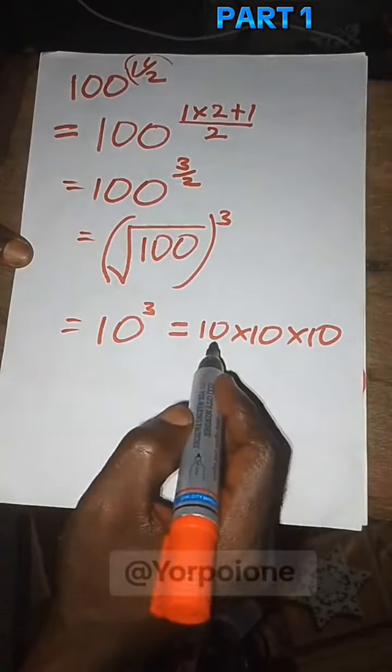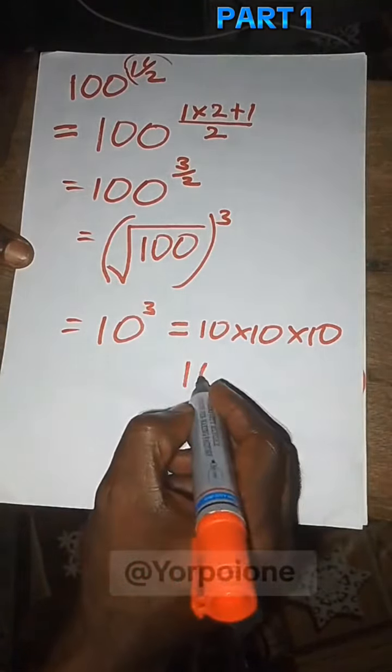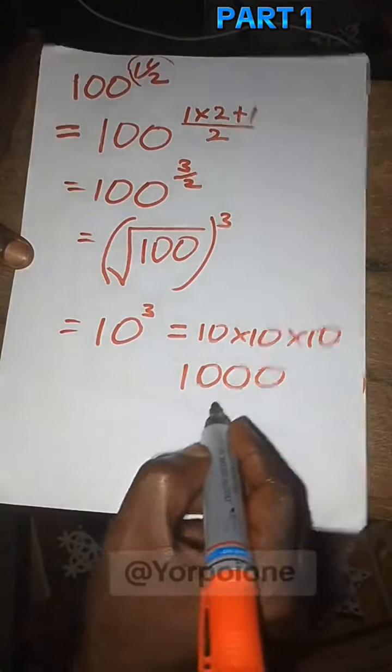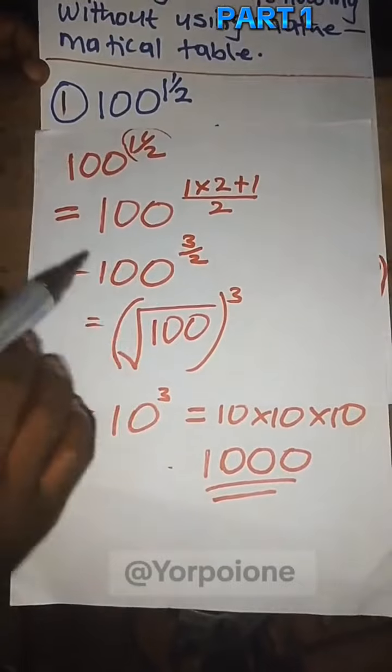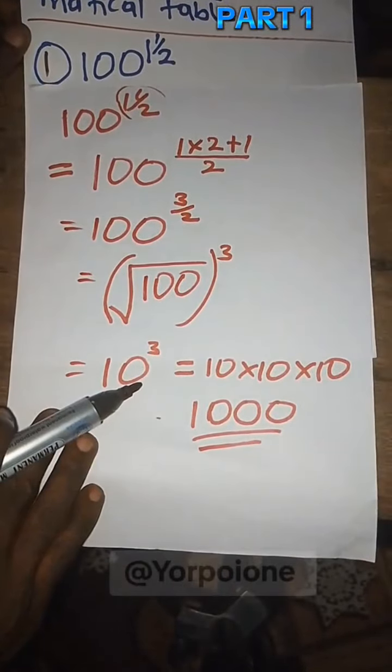So just multiply the digits, 1 times 1 times 1 is 1. So how many zeros are we seeing here? 3 zeros. So we add 3 zeros here. So that gives us what? 1,000. So we've solved the first example. The answer here is 1,000.